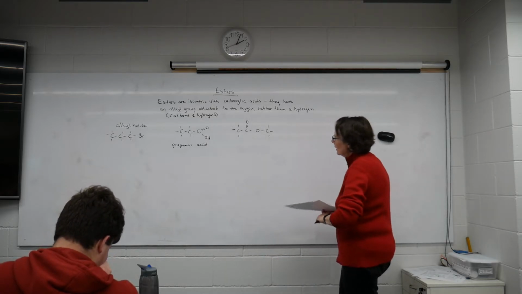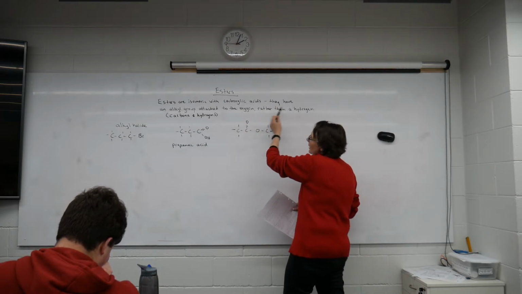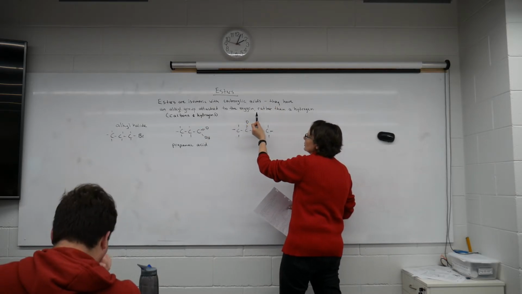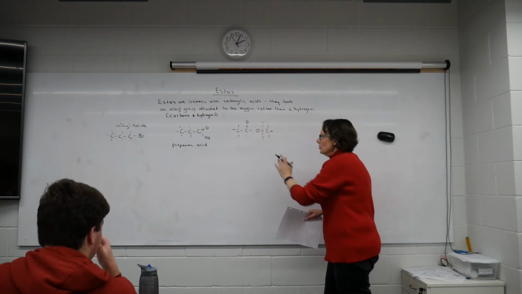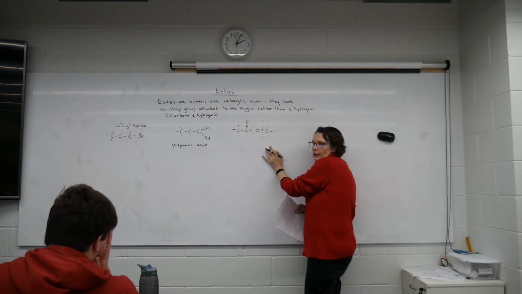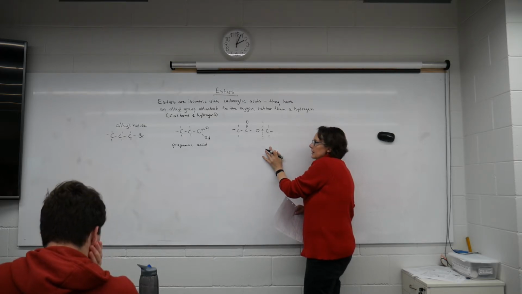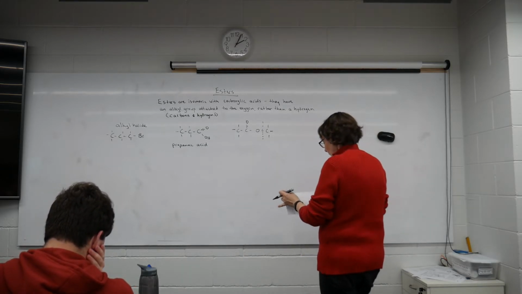This part here says they have an alkyl group attached to the oxygen rather than a hydrogen. If I had a hydrogen on here instead of this alkyl group, it would be a carboxylic acid, wouldn't it? But that's not the case.